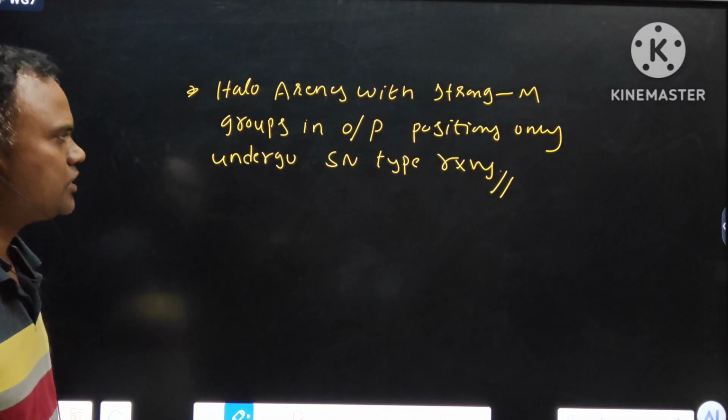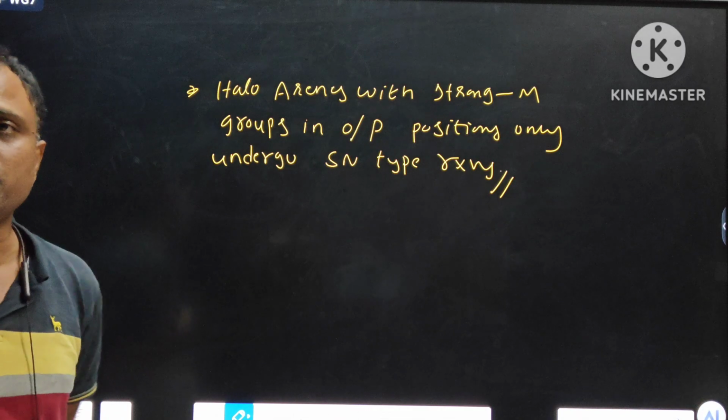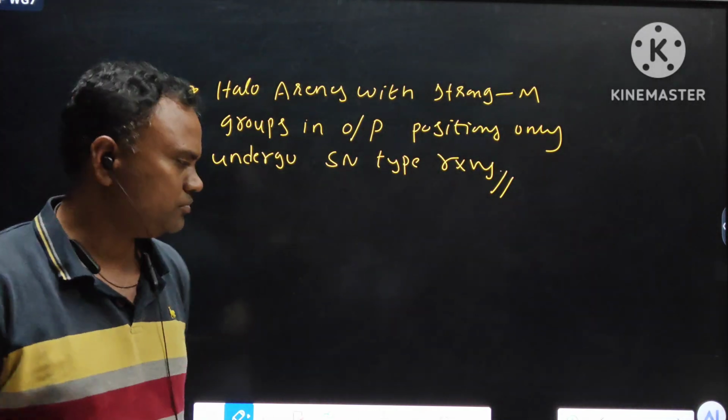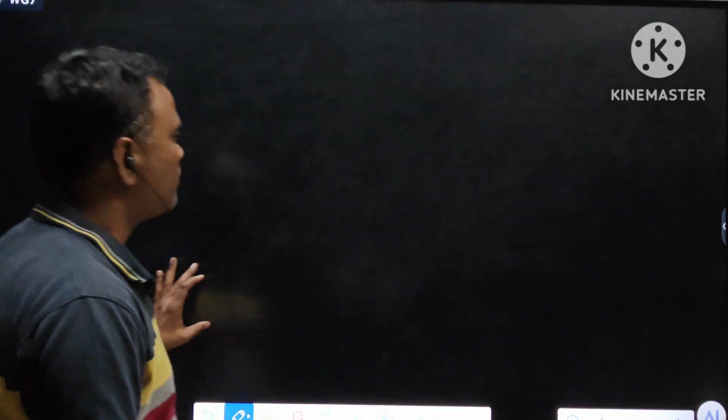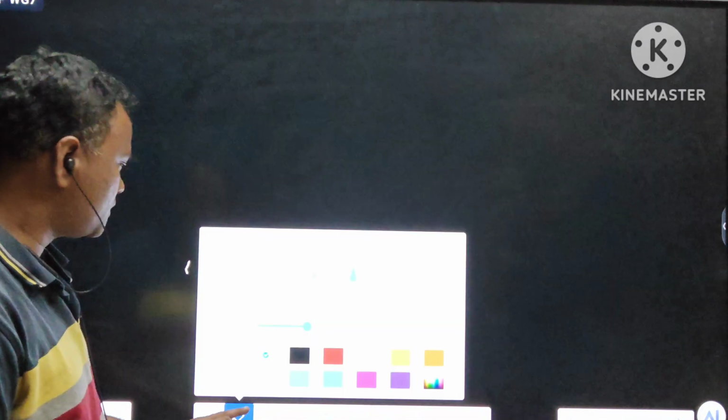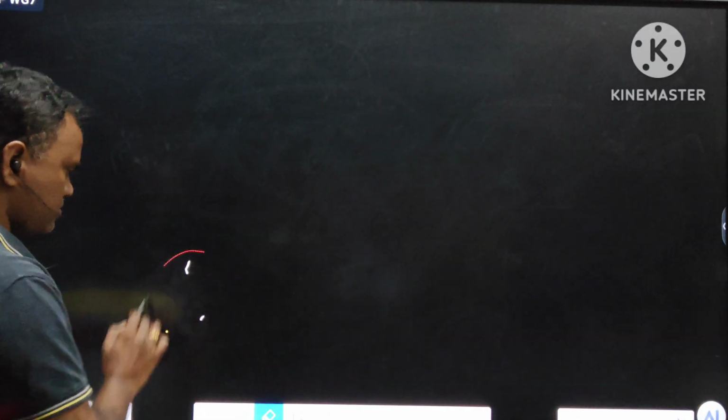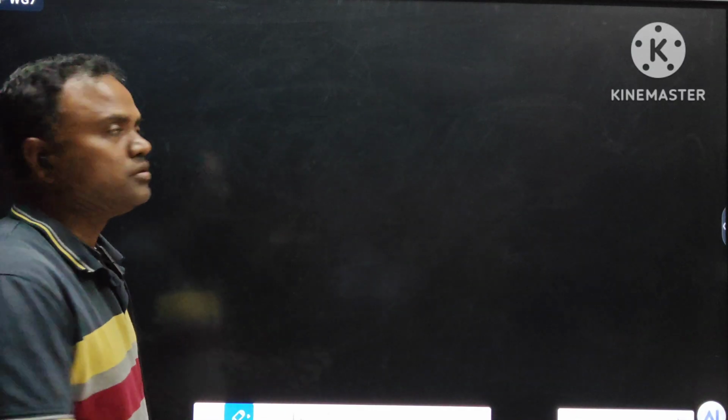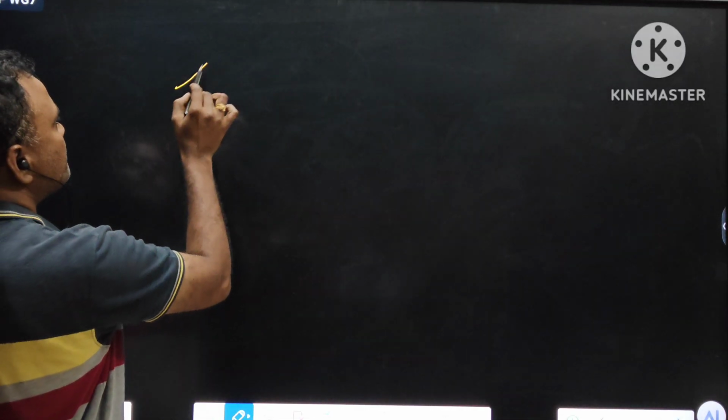Okay. Let us start one example with the mechanism. Mechanism is important. Have you completed that statement? See this. Example with the mechanism.